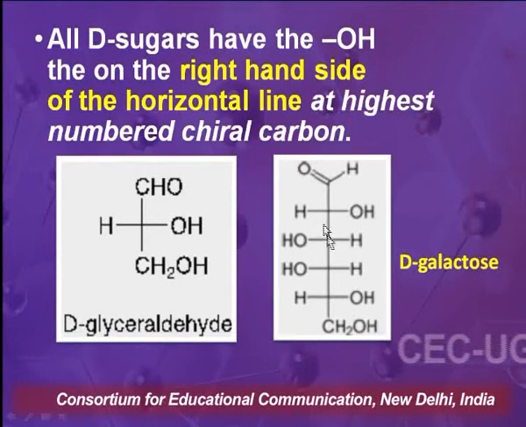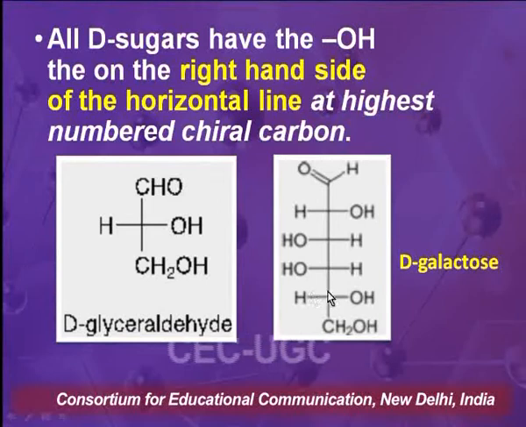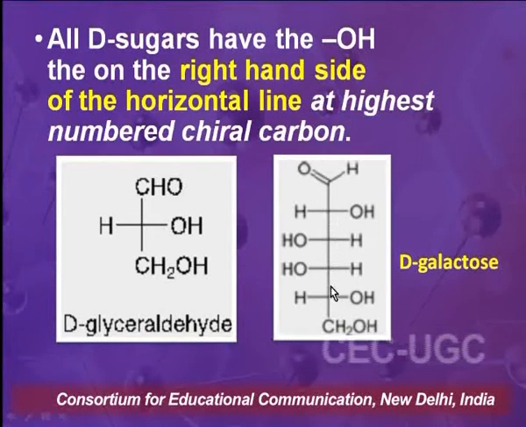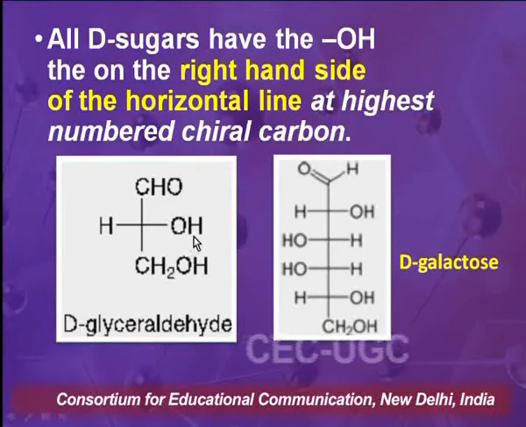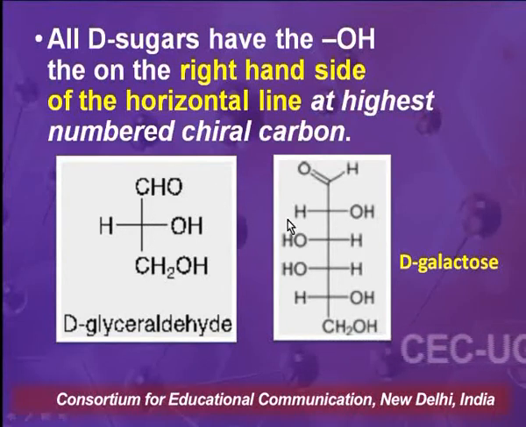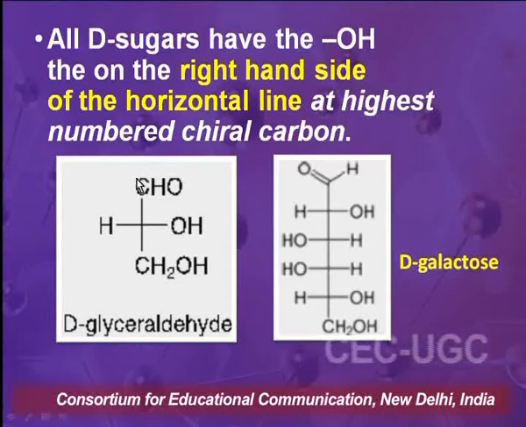Why are we considering only the position of the OH at the fourth chiral carbon, which is the highest chiral carbon? See, I told you that if we start with glyceraldehyde and consider that all these monosaccharides can be prepared from glyceraldehyde, where are we playing with the molecule, or where are we bringing about the reaction?